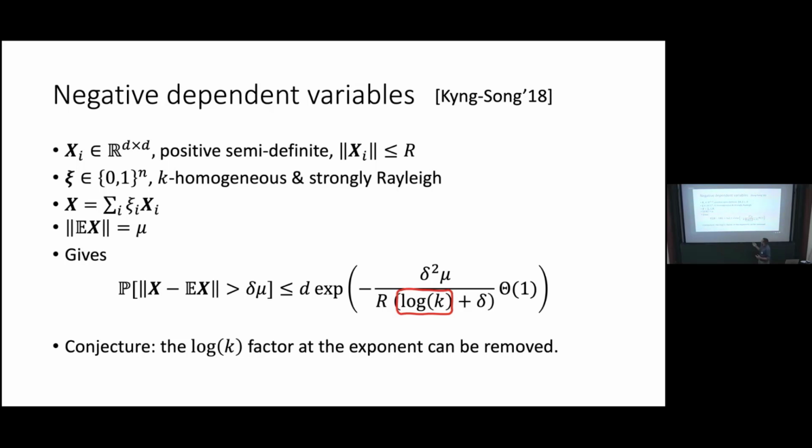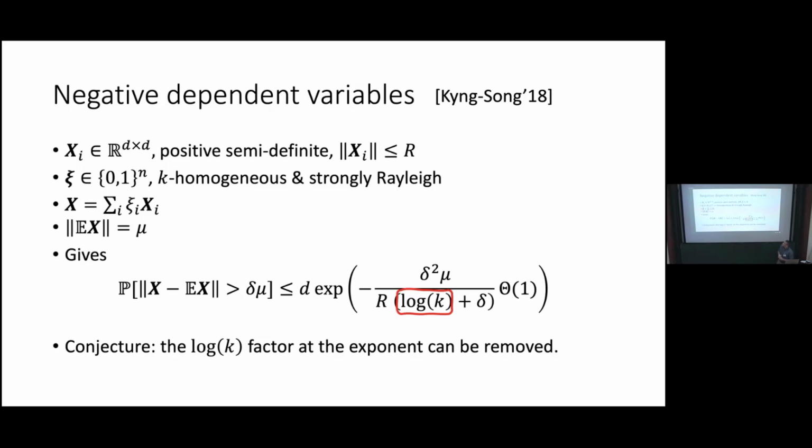So this is where we started with our project. The idea was to actually prove that this should not be here, and also obtain some more general distributions, since the k-homogeneous strongly Rayleigh is really only one example.